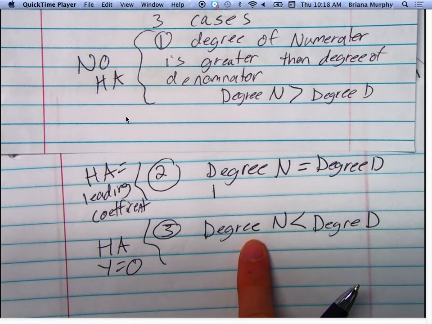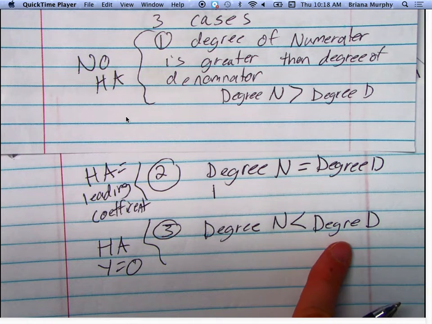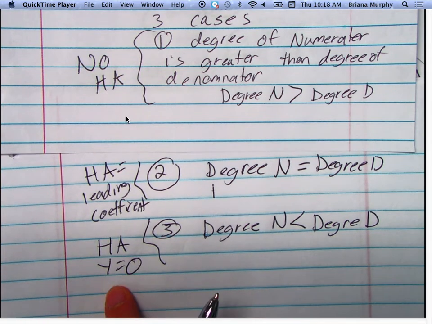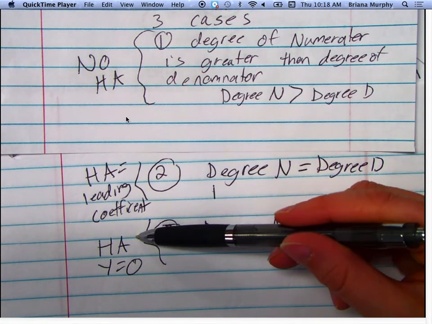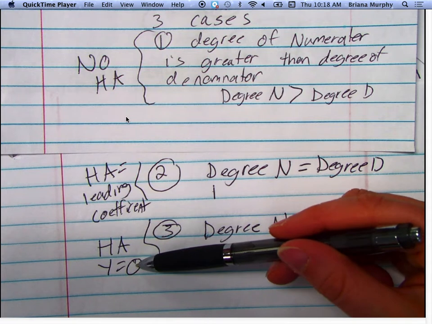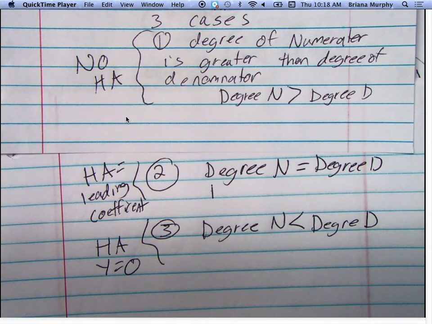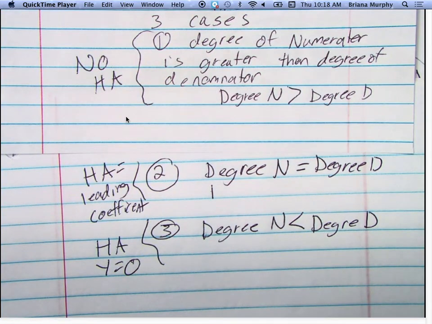If the degree of the numerator is smaller than the degree of the denominator, horizontal asymptote is y equals 0. Yes. This? Yeah. Horizontal asymptote y equals 0. HA y equals 0. Okay.